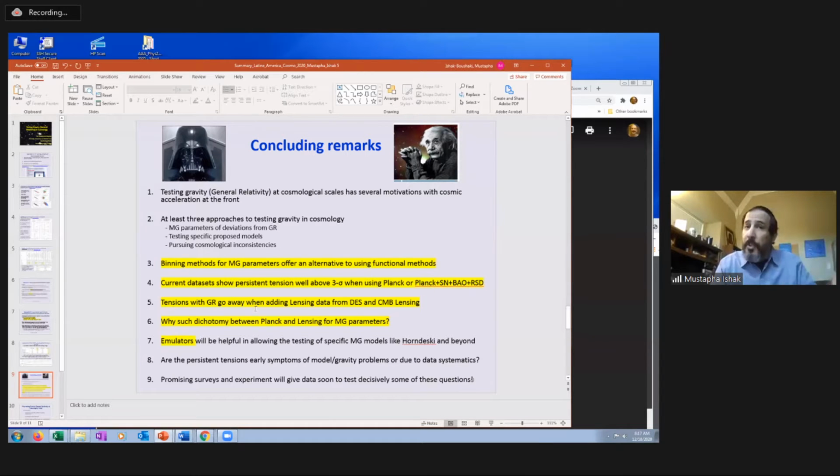And then the inconsistency goes away when we put in lensing. And so there is some dichotomy. Also, to go after specific models, emulators are promising. So in sum, we do have some open questions, and there is a bunch of data coming in. So it would be interesting to see how this gets resolved. Thanks.